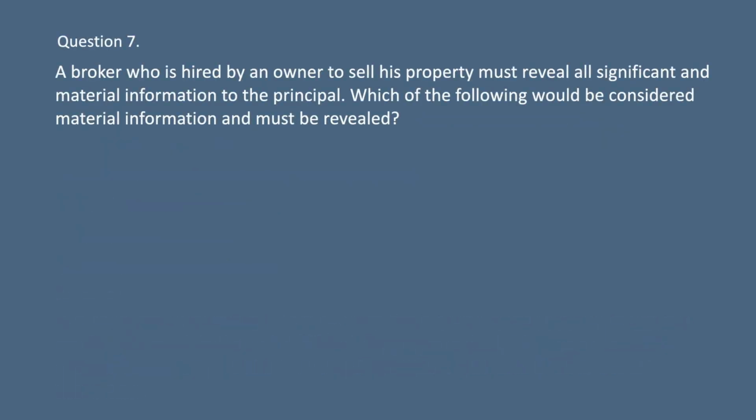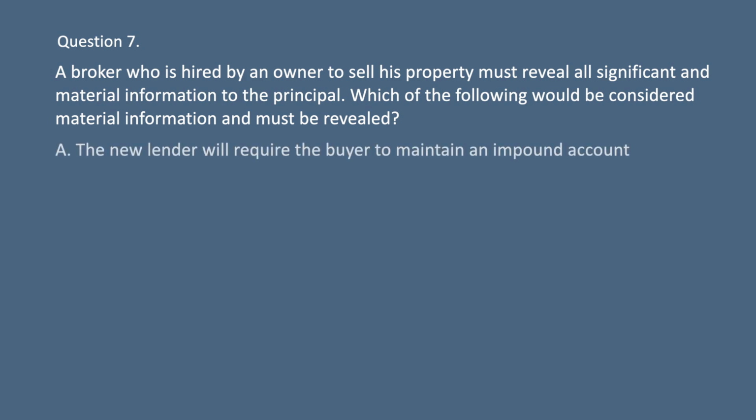Question 7. A broker who is hired by an owner to sell his property must reveal all significant and material information to the principal. Which of the following would be considered material information and must be revealed? A. The new lender will require the buyer to maintain an impound account.